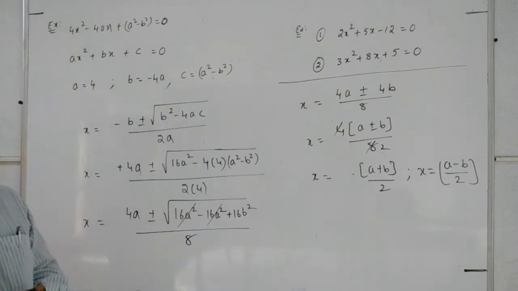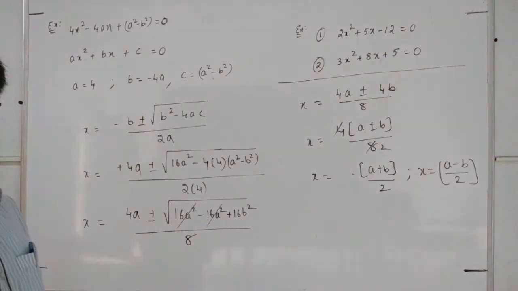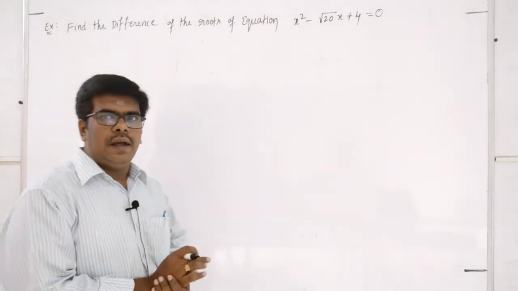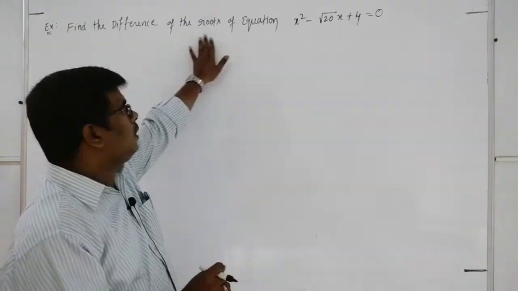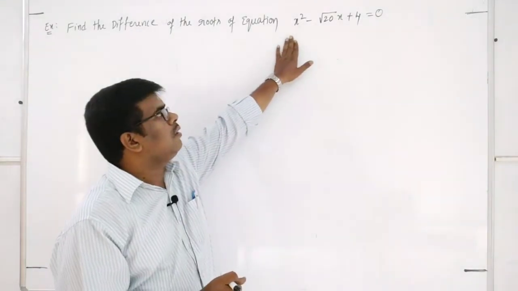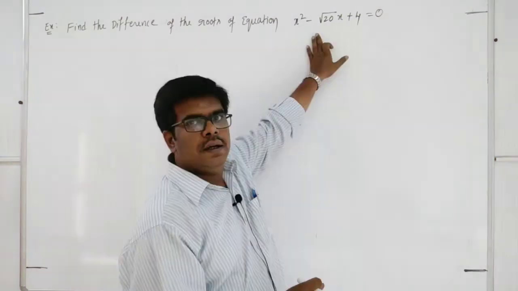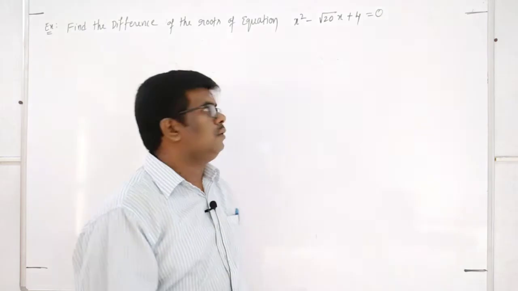And now we can go for another example. Here they have given the example like this: find the difference of the roots of the quadratic equation x square minus root 20x plus 4 equal to 0.